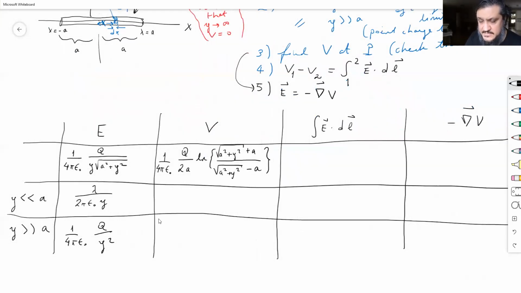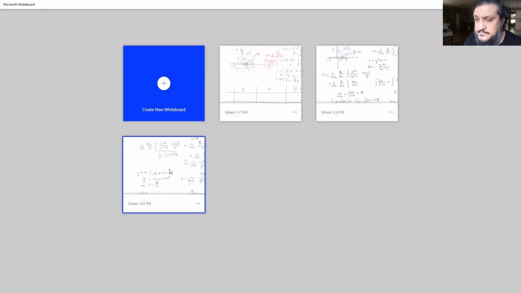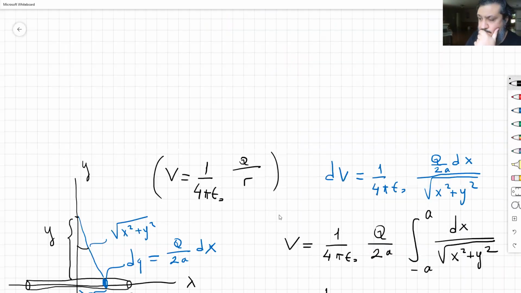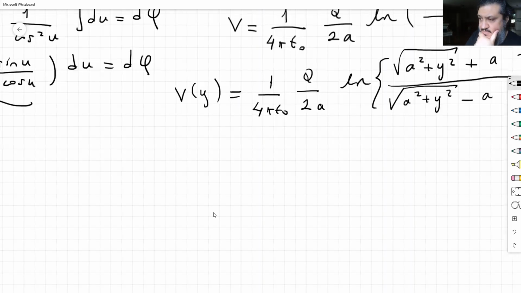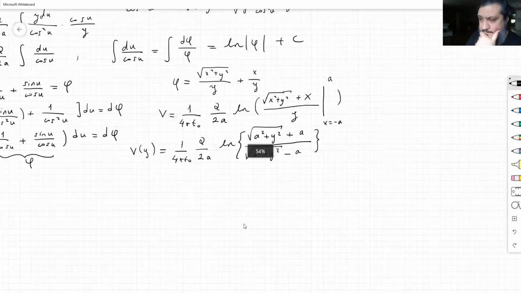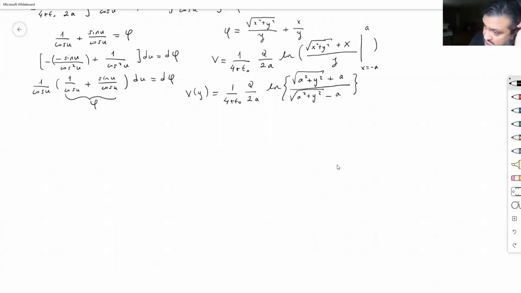All right, so let's try to do that now. Let's go back to that, where was I? Right here. Let's scroll down. Okay, this expression here, zoom out a little bit. The two limits that we want to consider are when y is much greater than a, and when y is much less than a.